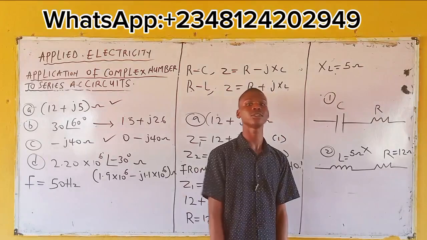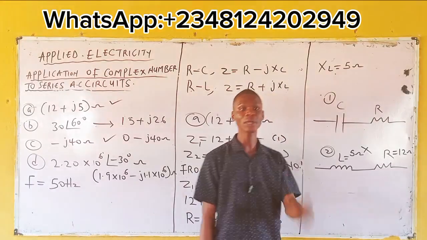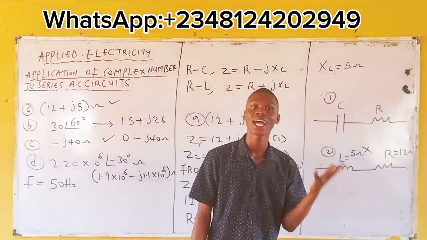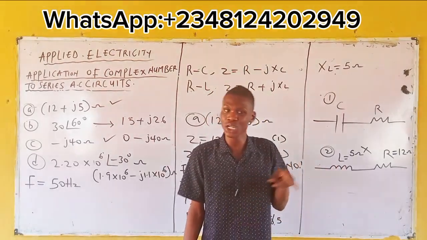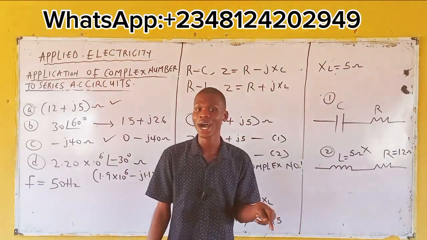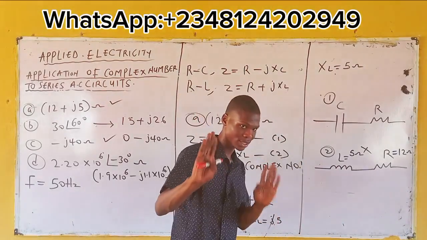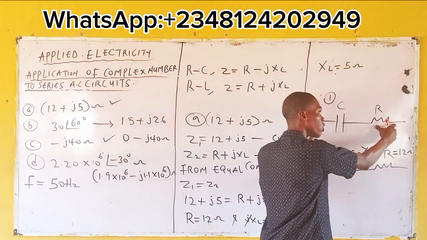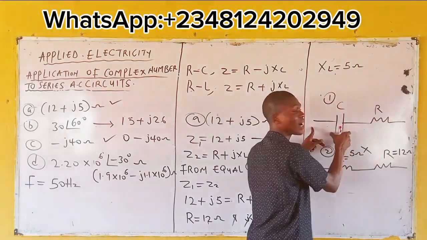Now, read that question again. Determine the value of the resistance, meaning resistor, and the series connected inductance or capacitance. Series connected resistor, this is it, or capacitance, this is it.